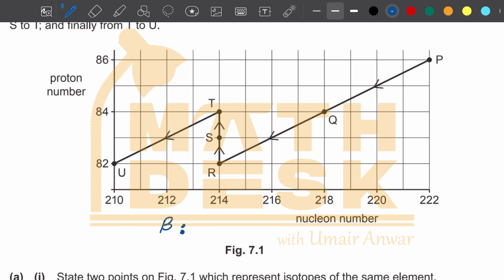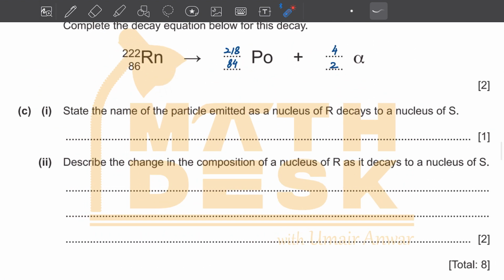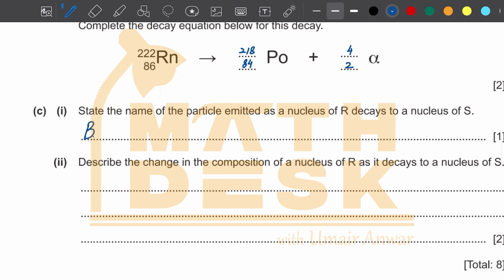In beta radiation, a neutron converts itself into a proton and an electron or a beta particle. So the proton number increases by 1, the neutron number decreases by 1, which means the nucleon number would remain the same, but specifically the proton number increases by 1. So the answer for this part would be, state the name of the particle. So we would be writing beta particle.